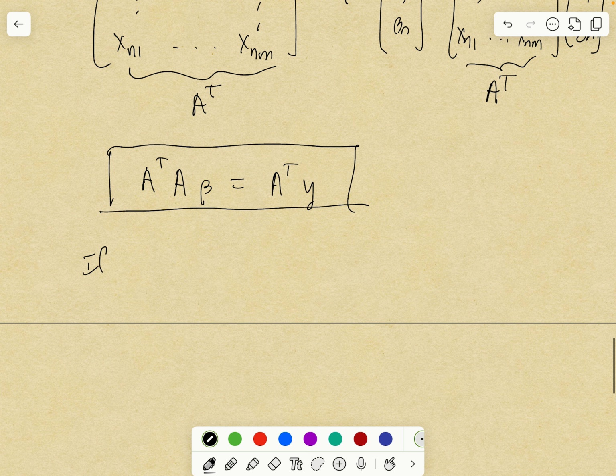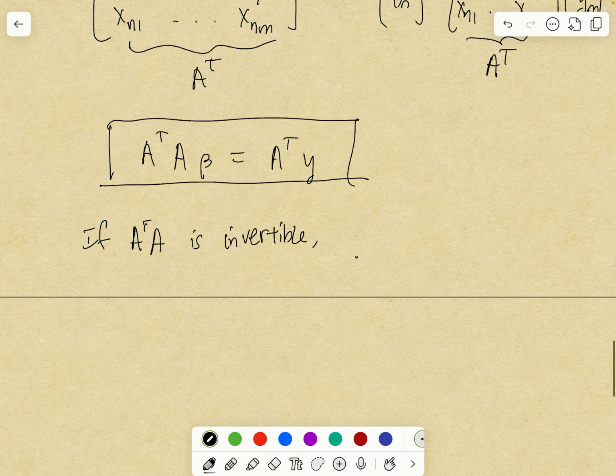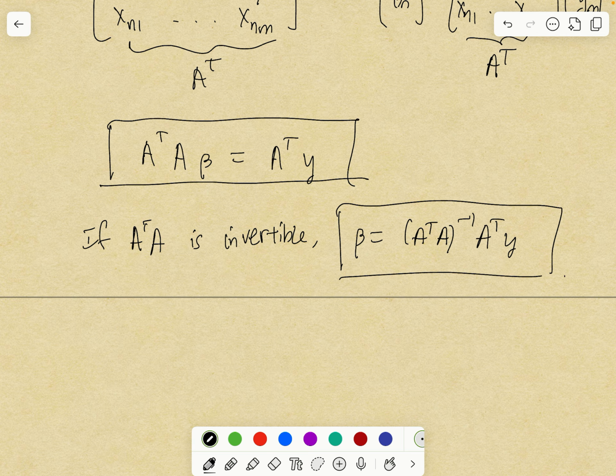So if A transpose A is invertible, then our beta is just going to be A transpose A inverse A transpose Y. The thing is that A is in general not a square matrix, right? So it's not about A being invertible, but A transpose A is a square matrix.